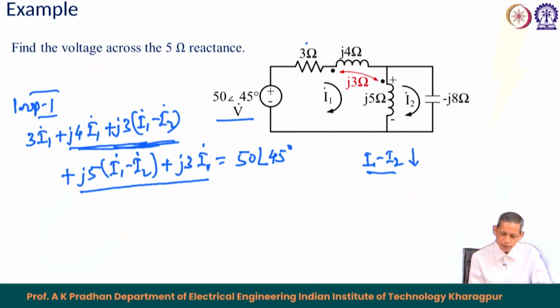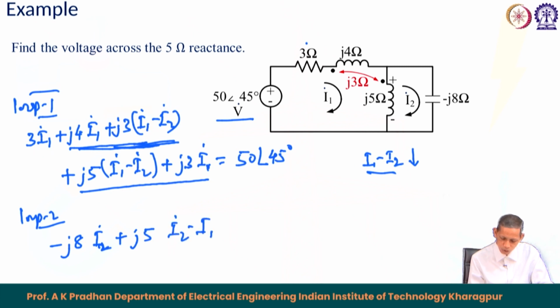Similarly, we can write for loop 2. In loop 2 we will write the corresponding equation. We can start from minus J8, and the corresponding current is I2. Then we will go for the J5, the second element only. So, this becomes plus J5 into I2 minus I1 upward.